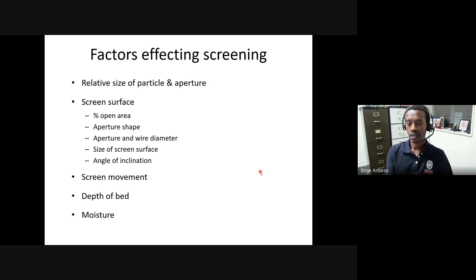Otherwise, if fine particles go to the coarse, I'm going to grind them and end up over grinding them. It's going to cost me money. So in that case, I'm more worried about the quality of the product rather than the capacity. Then you need to reduce the capacity and try to maximize the efficiency of the screen.